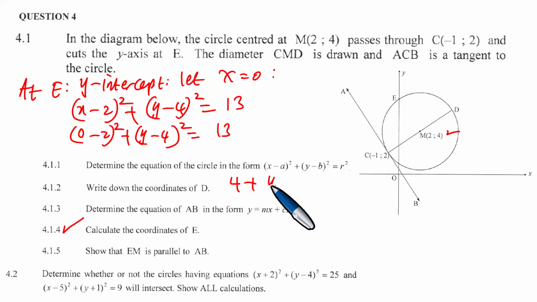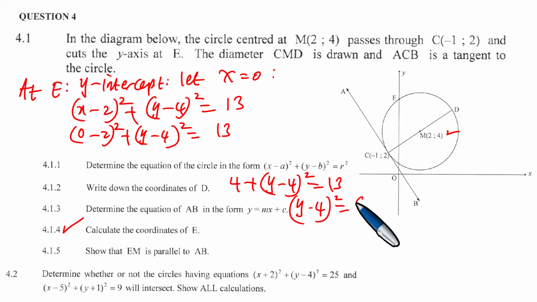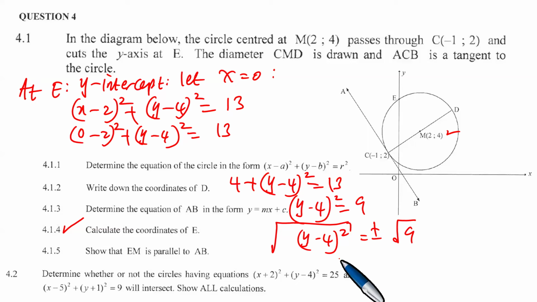You have y minus 4 squared, which equals 13 minus 4, which gives us a 9. And you have y minus 4, you square root these, which becomes plus or minus the square root of 9, which means y minus 4 is plus or minus 3.